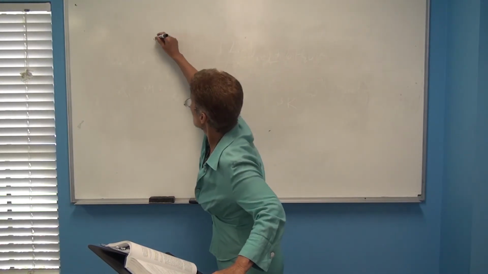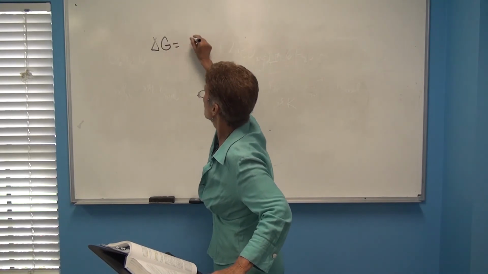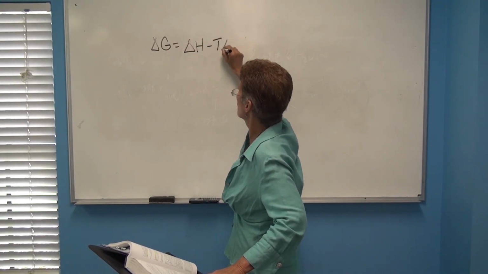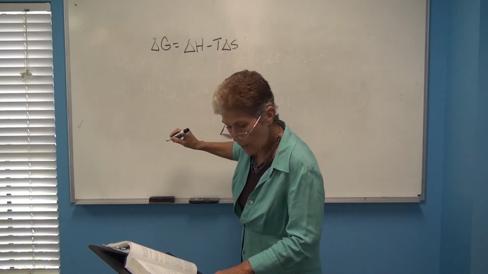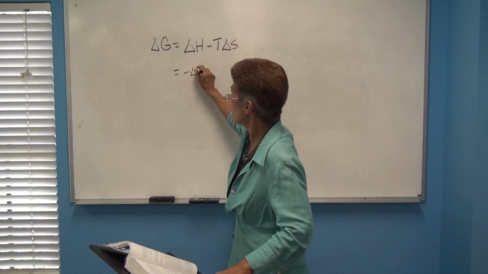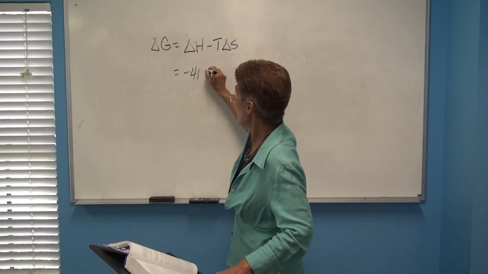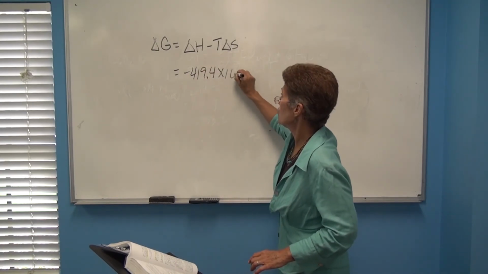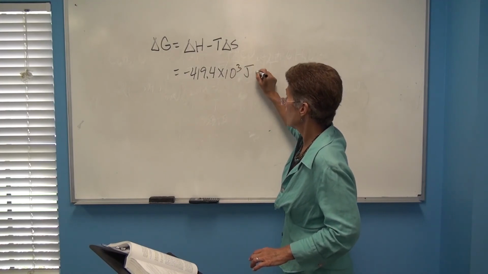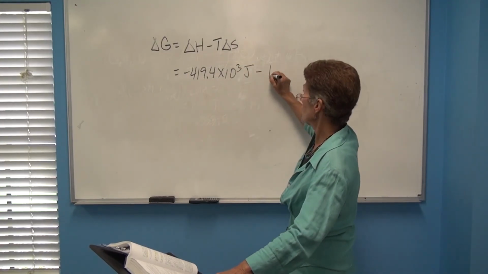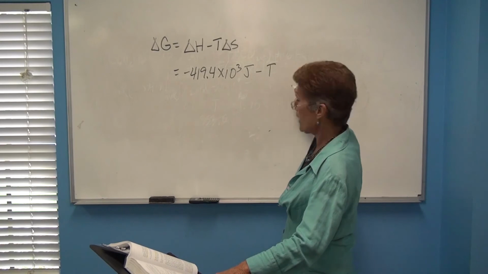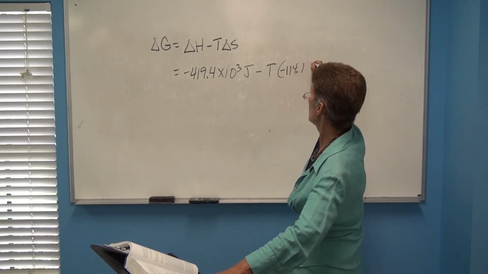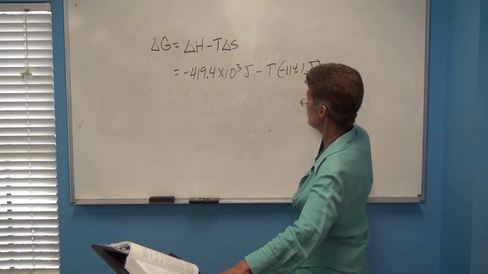And so once again, we are given this as negative 19.4, and I'm going to take it to joules, minus the temperature, and then we have a negative 114.1 joules per Kelvin.